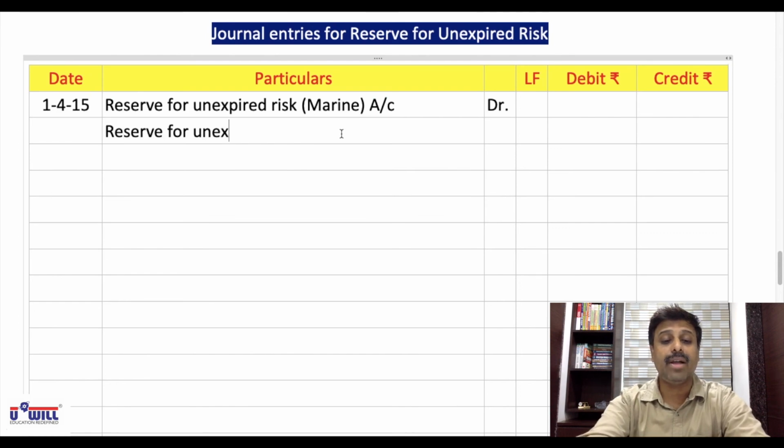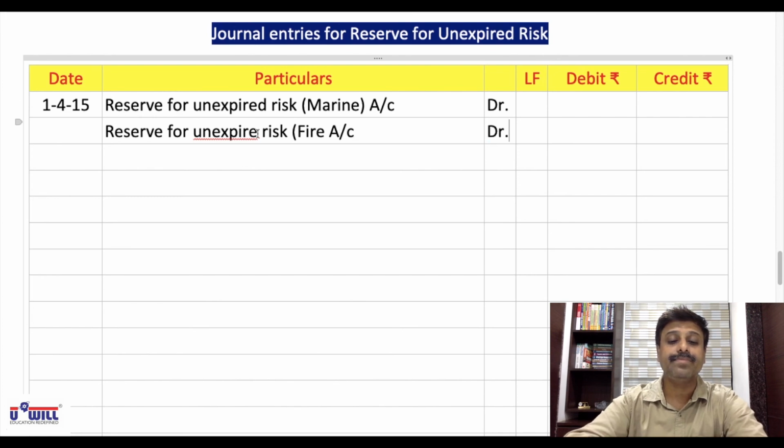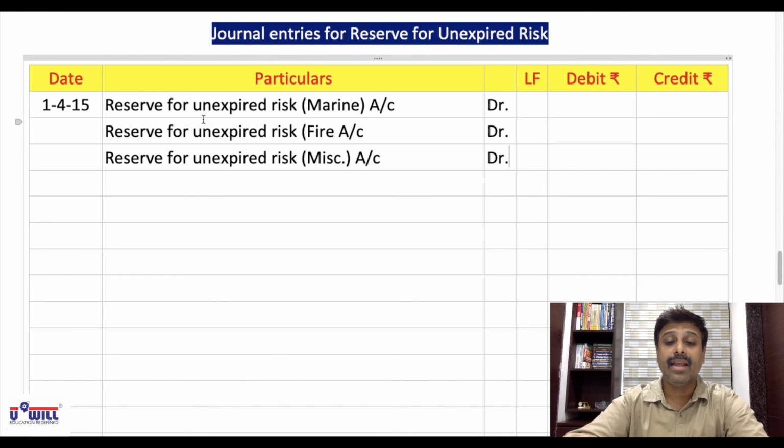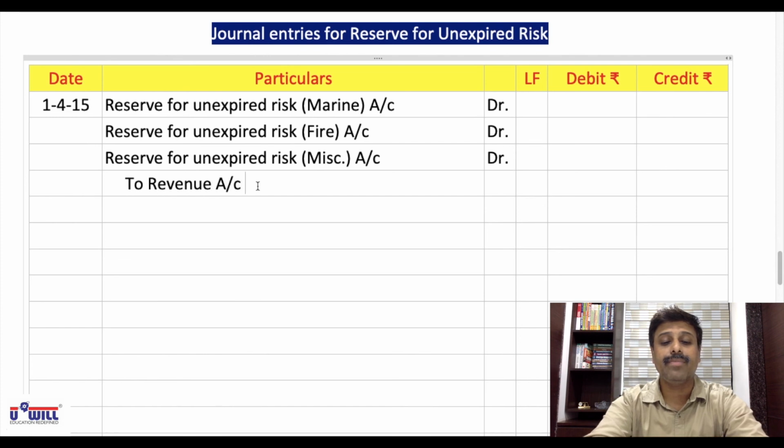So reserve for unexpired risk fire account debit, and then reserve for unexpired risk miscellaneous account debit, and we'll transfer it to which account? Current year's income. Credit all incomes and gains. So we'll transfer it to revenue account of marine.